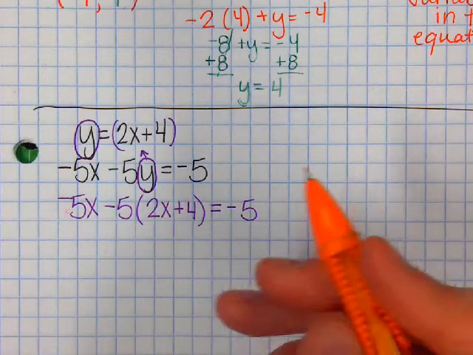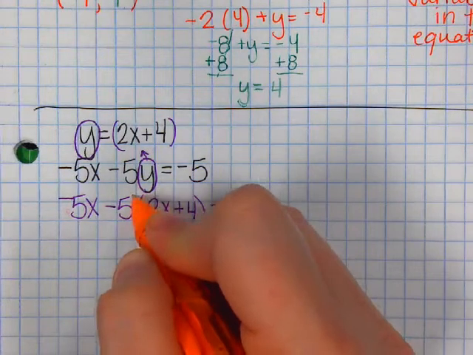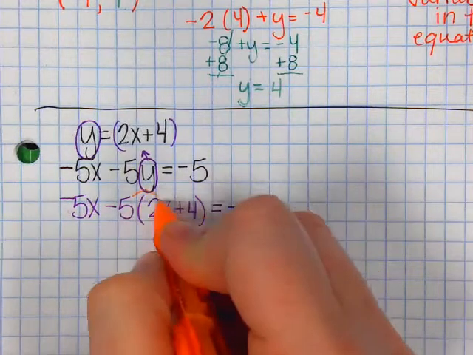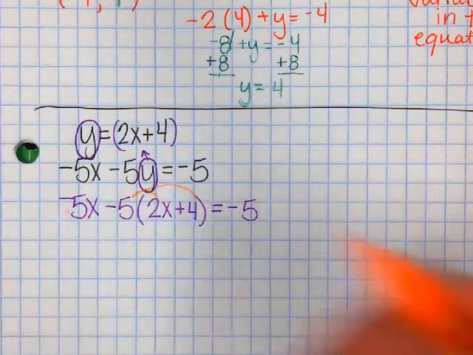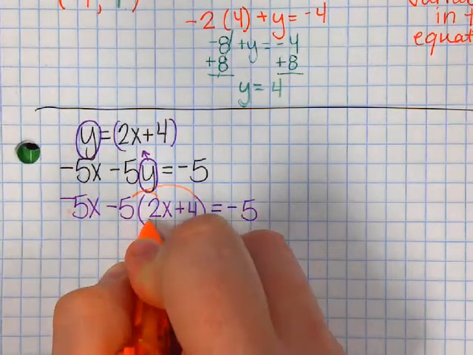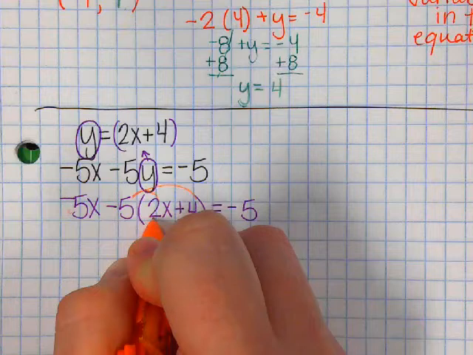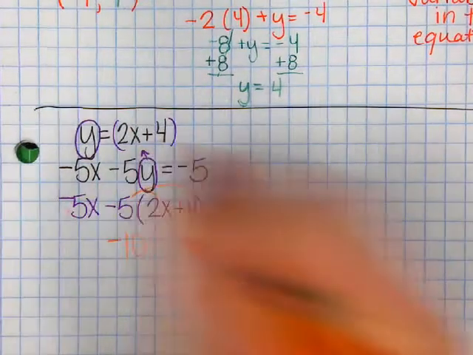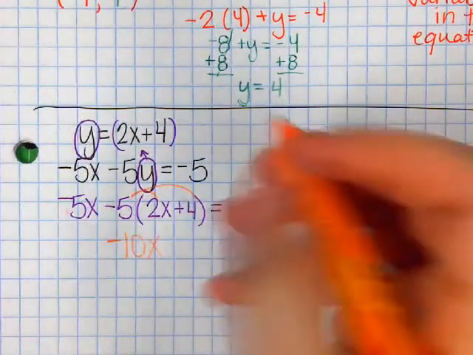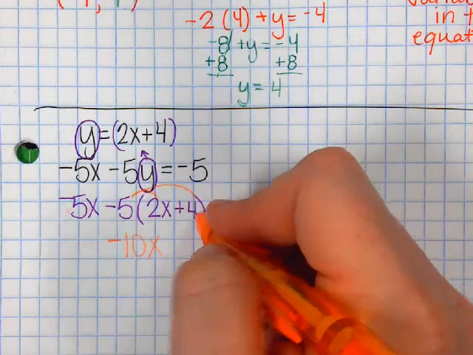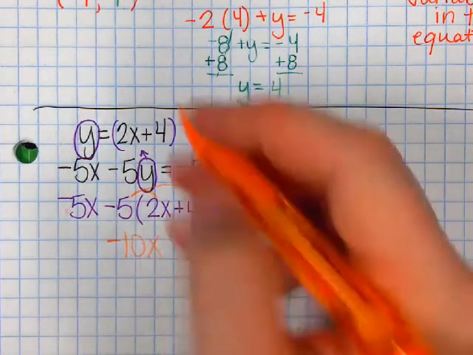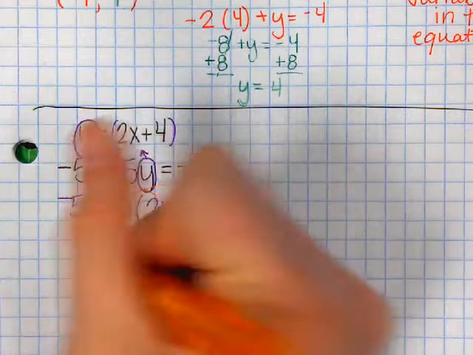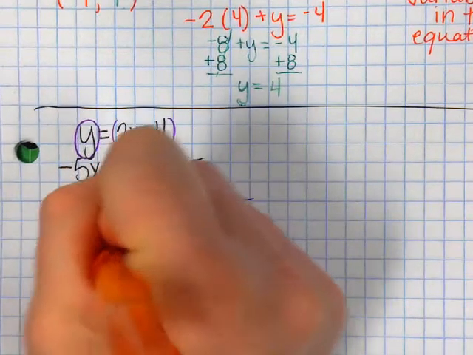Okay, now we just solve. It's a harder, more complicated problem than the last one, but we still just solve. So first thing I need to do is distribute. So what's negative 5 times 2x? Well, a negative times a positive is a negative. 5 times 2 is 10, so it would be negative 10x. Then negative 5 times a positive 4, again a negative times a positive gives you a negative. 5 times 4 is 20.